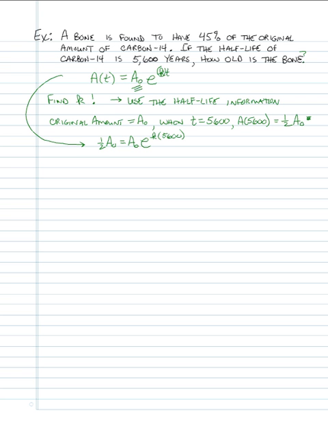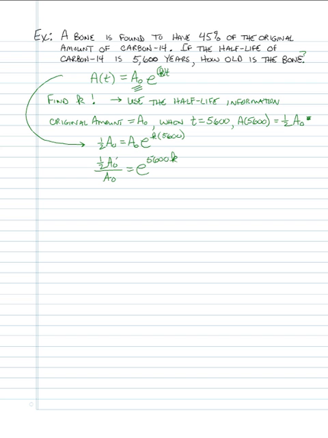Now, obviously we don't know a sub 0, but we're trying to find k. And if we divide both sides by the original amount, we end up with 1/2 times a sub 0 divided by a sub 0 is equal to e to the power k times 5,600.